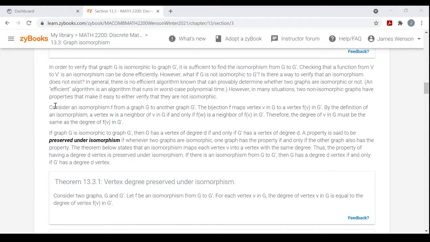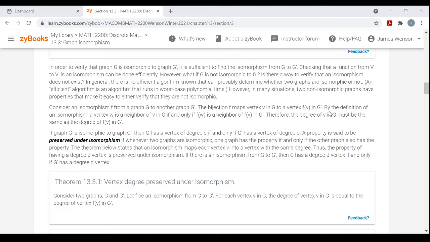All right, so consider an isomorphism f, a bijection from the vertex set of graph G to the vertex set of G prime that preserves the edges. The bijection f maps vertex v in G to a vertex f of v in G prime.